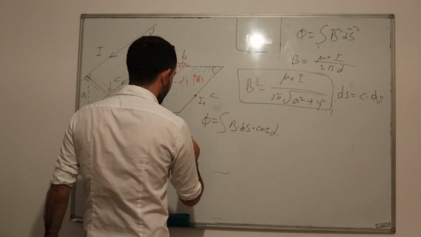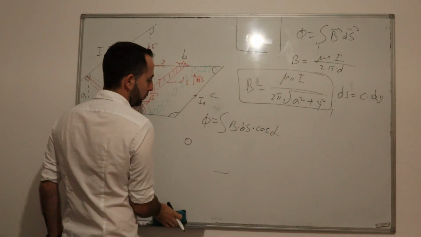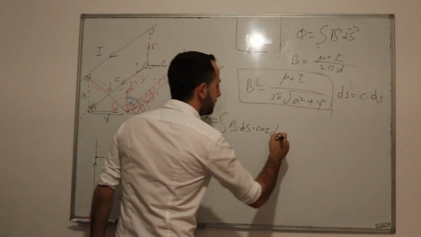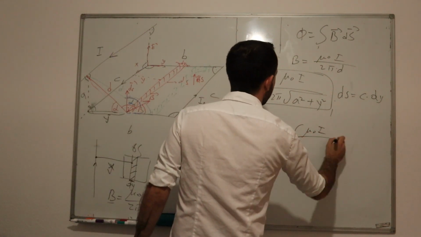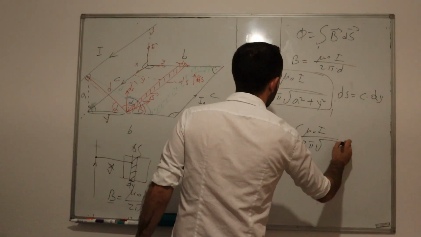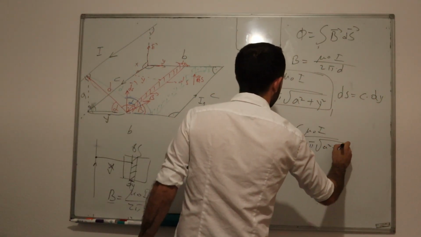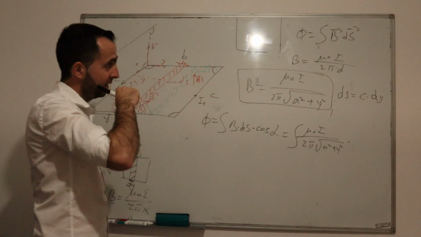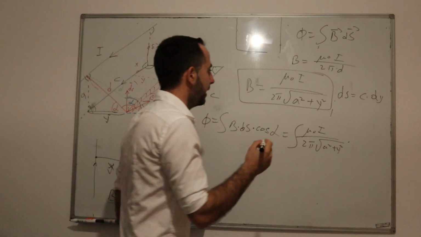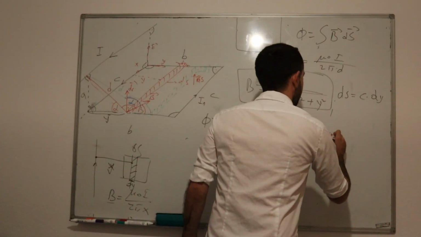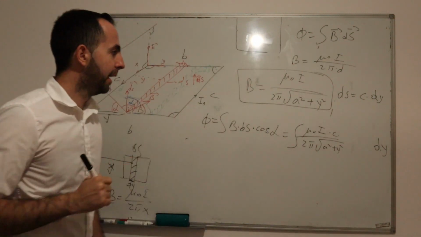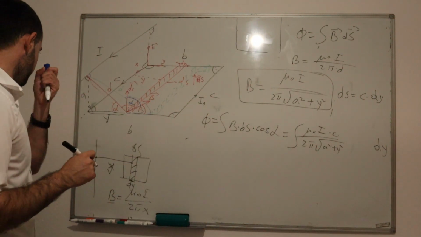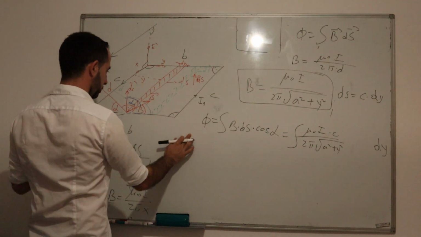So my magnetic flux is equal to the integral of B, which is mu 0 I over 2 pi square root of a square plus y square, times dS, which is c times dy, and times cosine alpha. But what is cosine alpha?